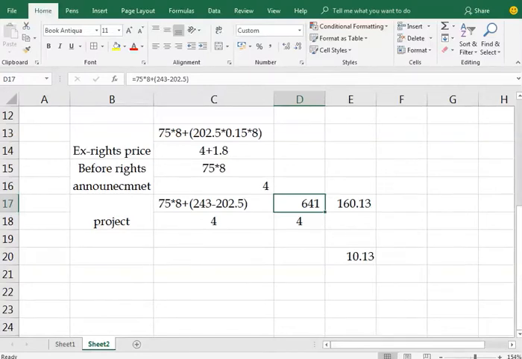The only important adjustment is that the existing price is not 150, it is 160.13. The reason for 160.13 is the positive NPV of the project.